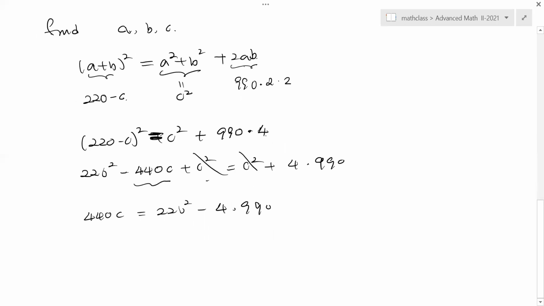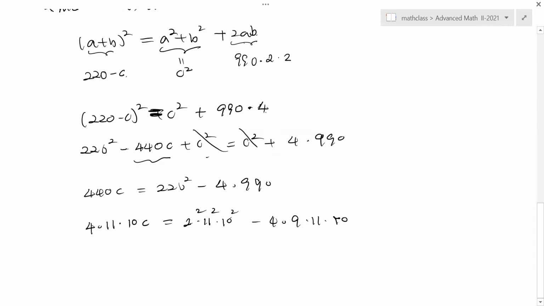Okay, so here 4 times 11 times 10C, that'll be 2 times 11 times 10, right? And squared. And here 4 times 9 times 11 times 10. So I think you can simplify this equation quicker.